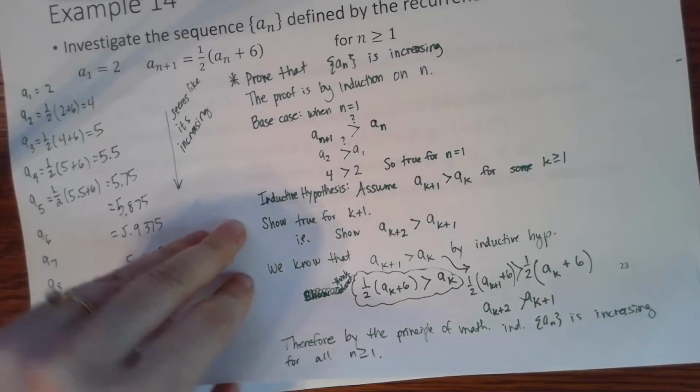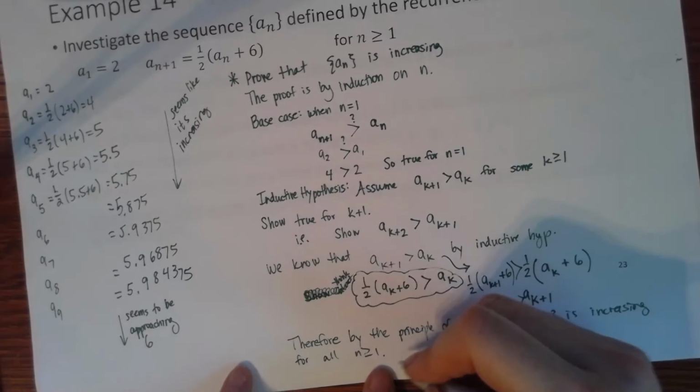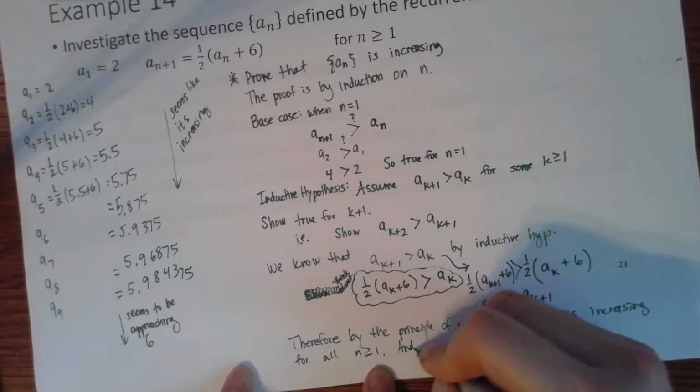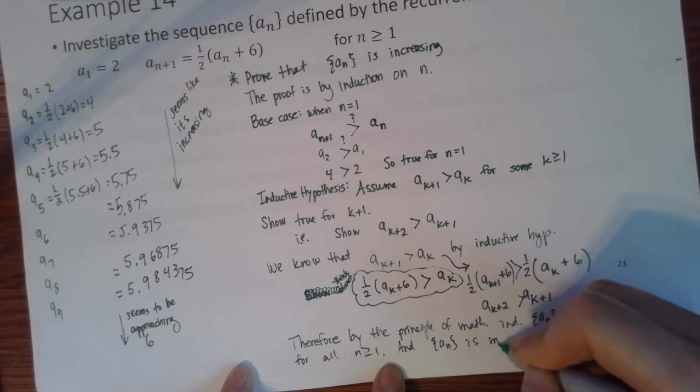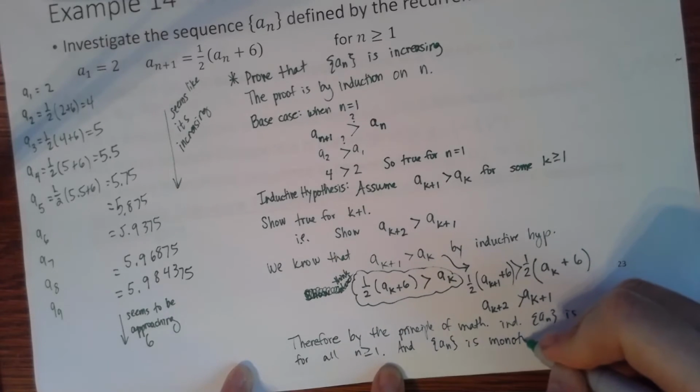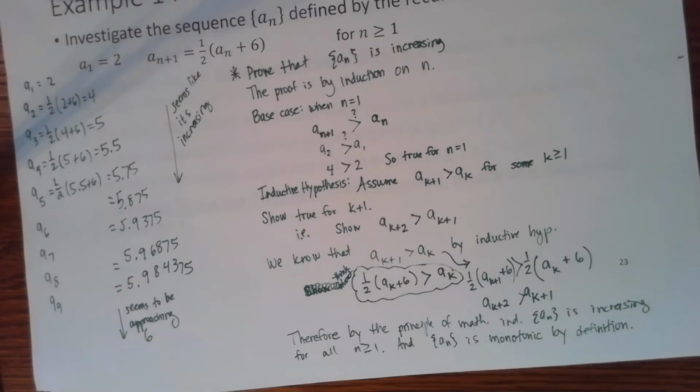All right, so that takes care of the fact that it's increasing, and since it's increasing, it's monotonic. It's monotonic by definition, because monotonic means either increasing or decreasing.